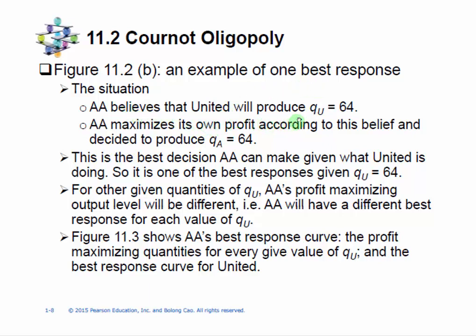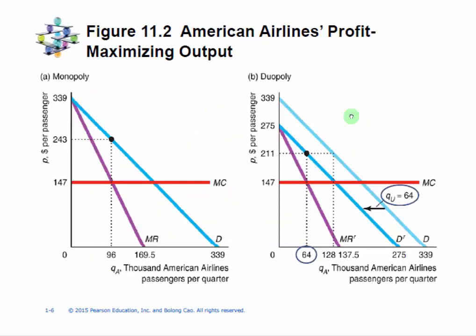What it says is that given American Airlines believes that United will produce QU equal to 64, American Airlines will face a new residual demand function and a new residual marginal revenue function.